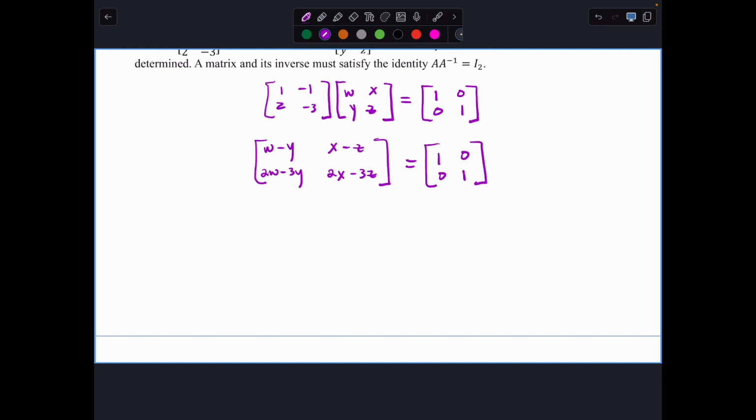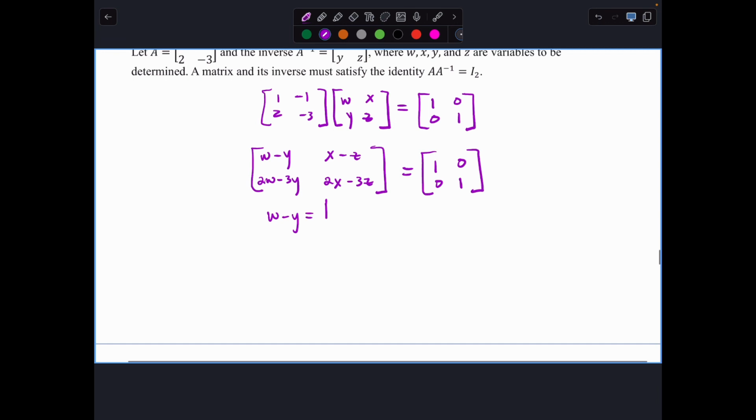So shouldn't we be able to say W minus Y is equal to 1, X minus Z is equal to 0, 2W minus 3Y is equal to 0, and 2X minus 3Z is equal to 1?